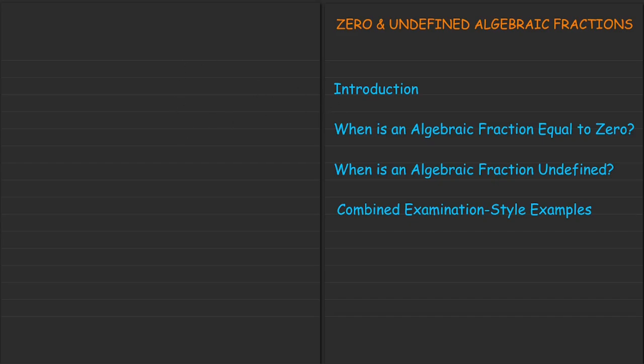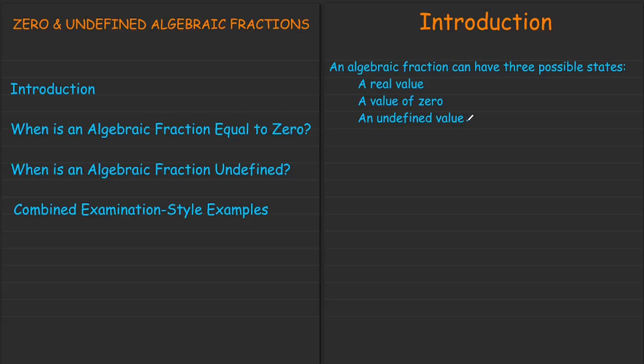And let's learn together. Now, depending on the value you put in the variables, that is in the numerator or the denominator, an algebraic fraction can have three possible states. You can evaluate by substitution and your final answer becomes a real value.